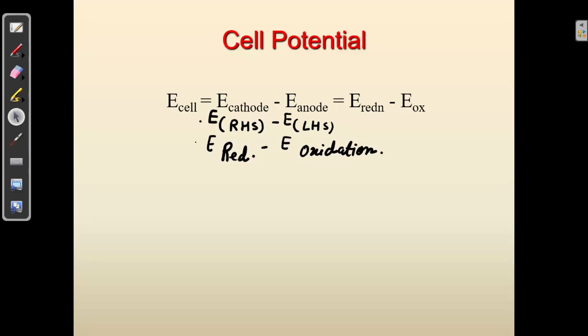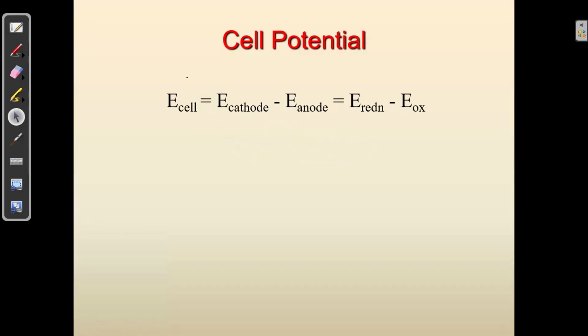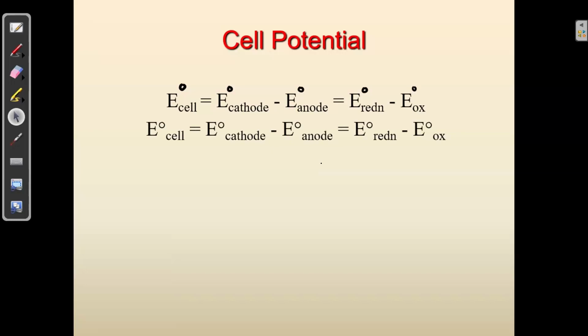These all formulas are the same, the meanings are the same, only the way of writing them is different. If it is used in standard conditions, we put a naught sign here. This naught sign indicates that potential differences are taken at a standard state.